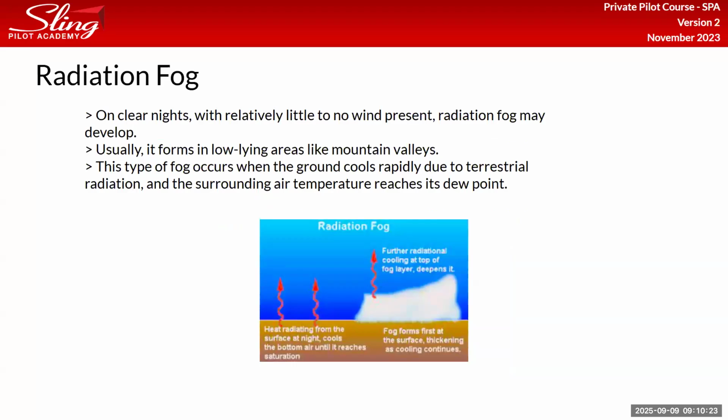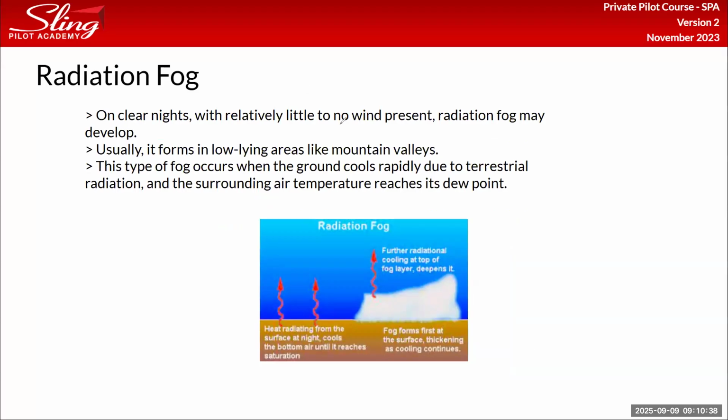Radiation fog is the first type of fog. So this is going to be on calm, clear nights with little to no wind present. So this is important. With radiation fog, little to no wind present and clear nights. These are the conditions for radiation fog.